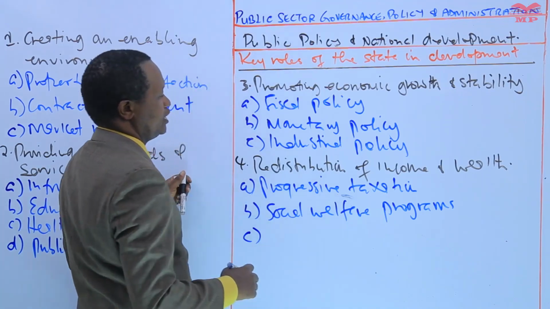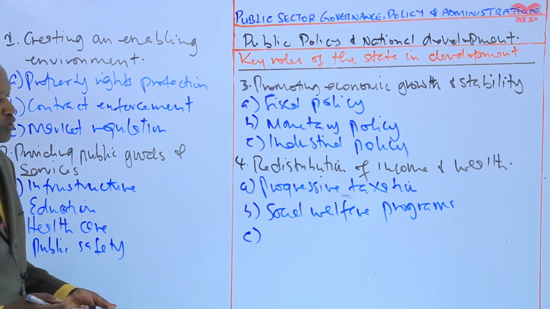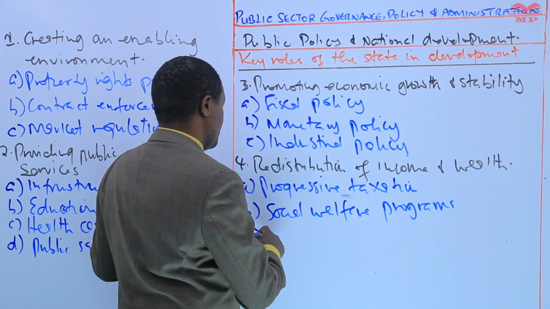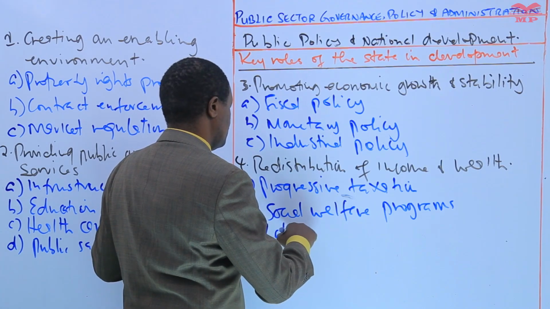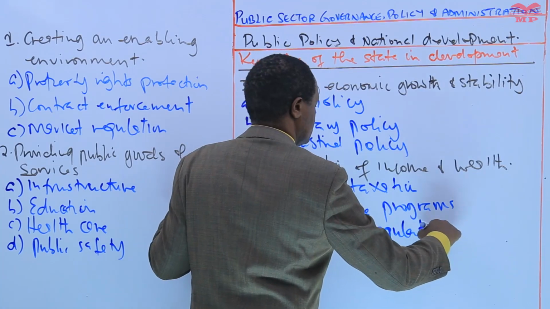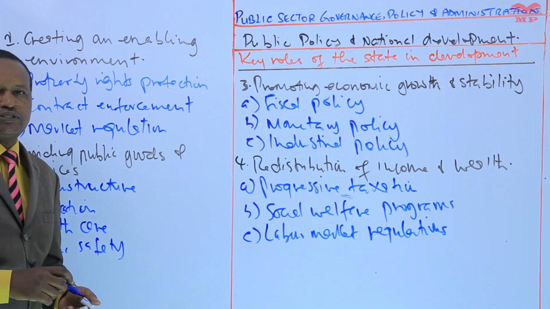Another way to redistribute income and wealth is through what we call labor market regulations. Labor market regulations.